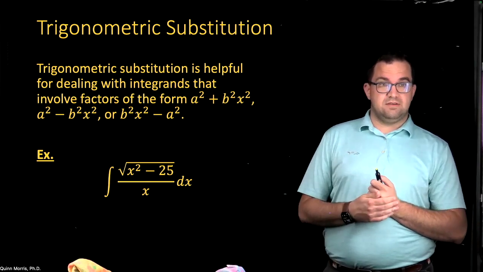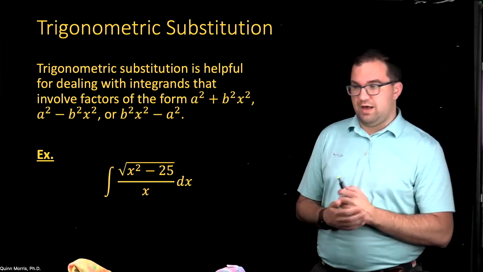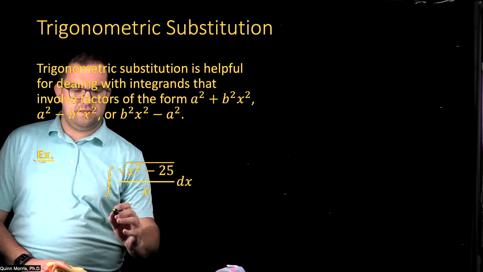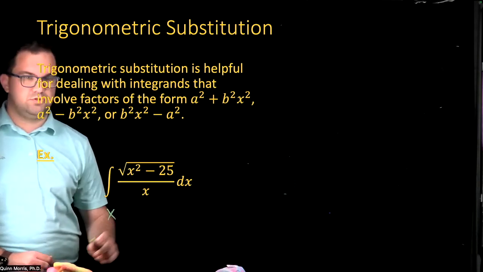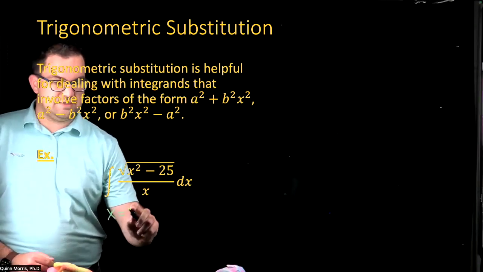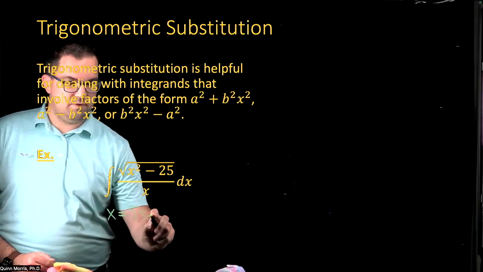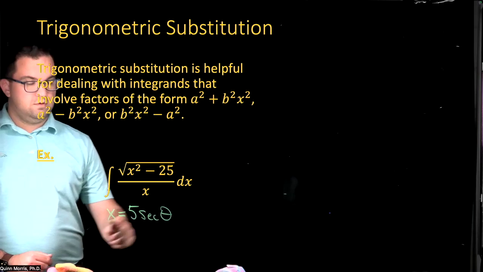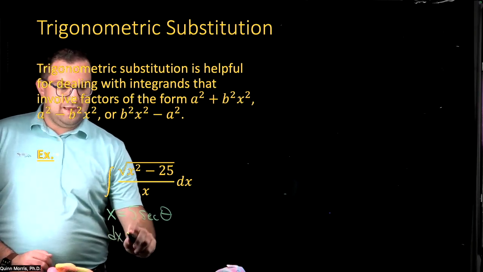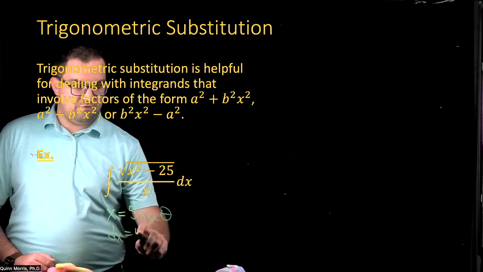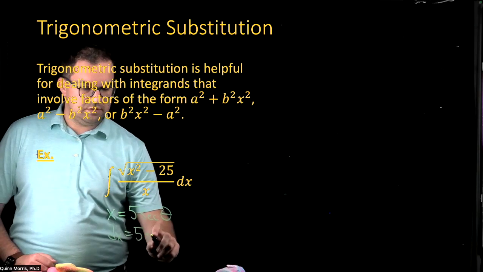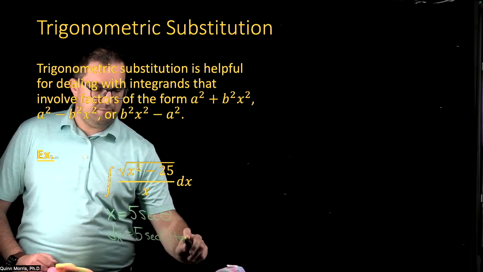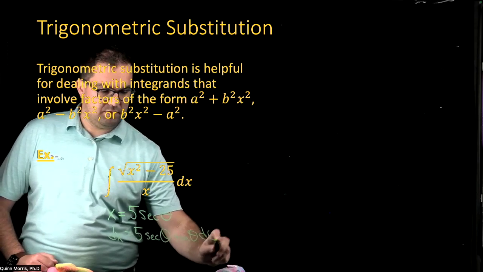In particular, because it's of the form x squared minus 25, I would guess that the best trigonometric substitution would be to set x equal to 5 secant theta. Now, if I do that, my dx will become 5 secant theta tangent theta d theta.